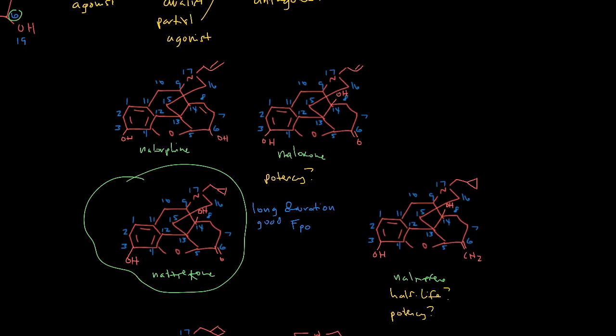It's an antagonist because it has 1, 2, 3, 4 carbons. 4 carbons are your antagonists. This has a long duration and a good oral bioavailability. F_PO, F is your bioavailability, PO subscript is your oral. So naltrexone has a long duration and good oral bioavailability.